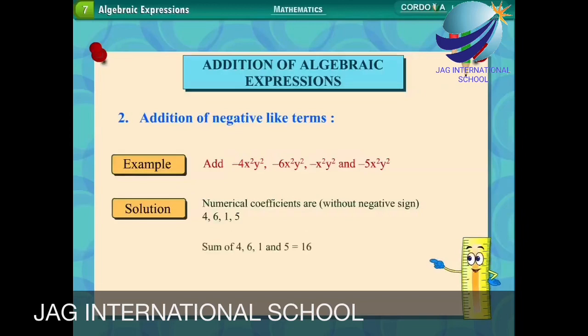Sum of 4, 6, 1 and 5 is equal to 16. Hence, minus 4x squared y squared minus 6x squared y squared minus x squared y squared minus 5x squared y squared is equal to minus 16x squared y squared.